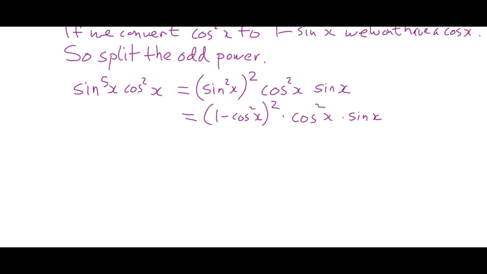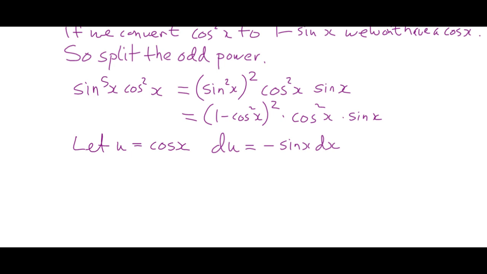All right, so where do we go from here? We're going to let u equal cos x. Then du is going to be minus sine x dx. Okay, so remember this is part of the thinking.